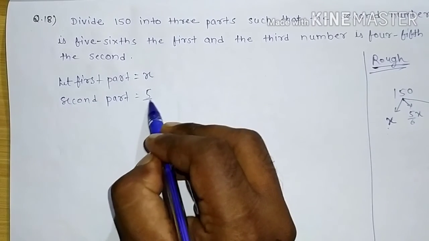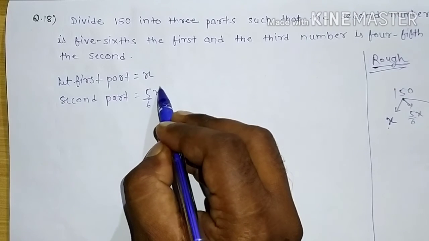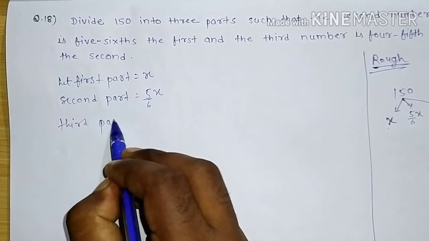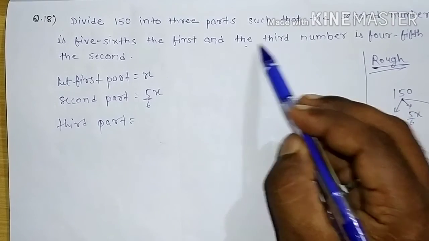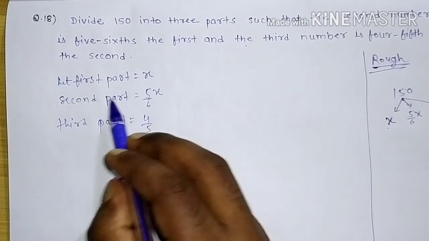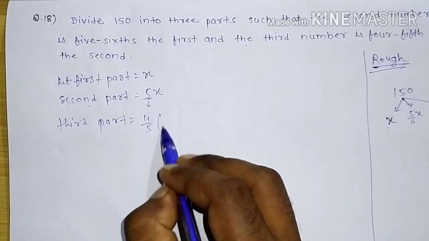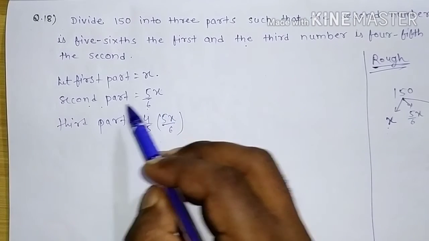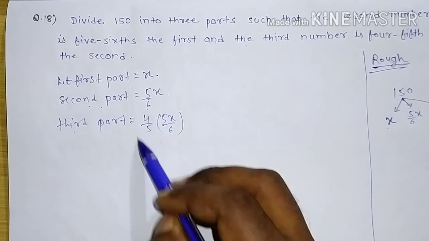So the second part is 5/6 multiplied by the first, that is x. Now the third part equals 4/5 of the second. So the second is 5x upon 6. So the first part is x, the second part is 5x/6, and the third part is this one.